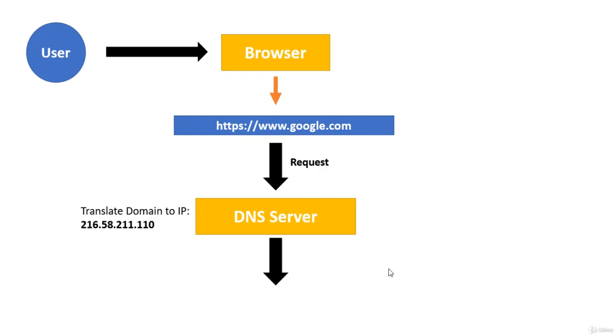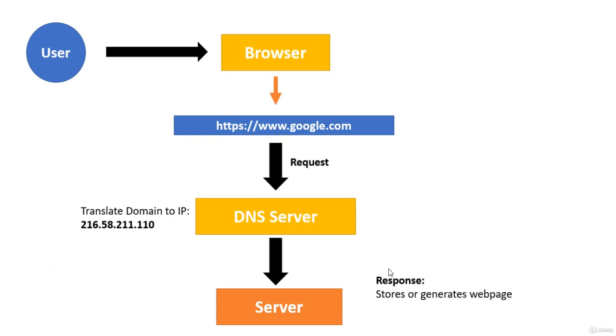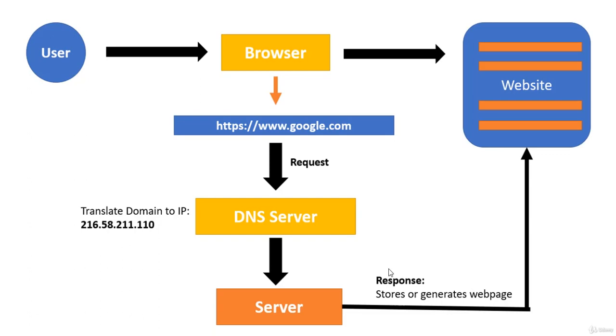And after that, the request is sent to the main server with that IP address. The official homepage is generated on the server, and then it is sent to the client. In this way, we access the website. So this is the complete working of our website.